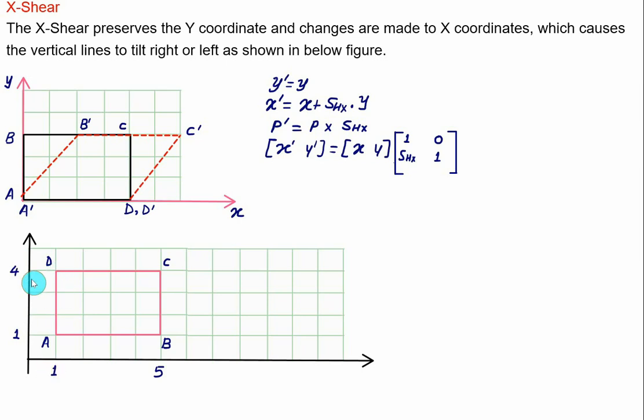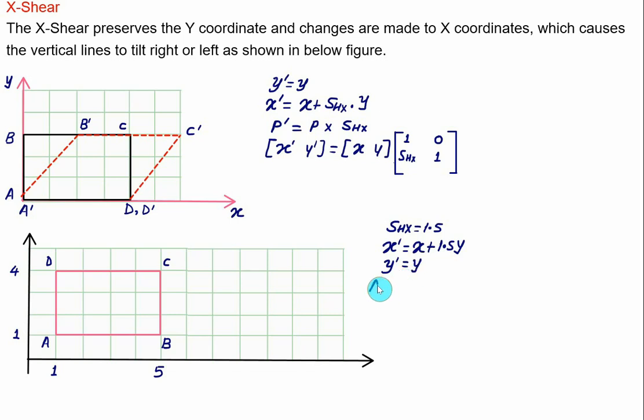Coordinate of D is 1, 4. In this case, suppose we are using the shearing along the x direction equal to 1.5. So we have to calculate the value of x prime is equal to x plus shx, that is 1.5 multiplied by y. And the y prime will not change, it will be the same as y.